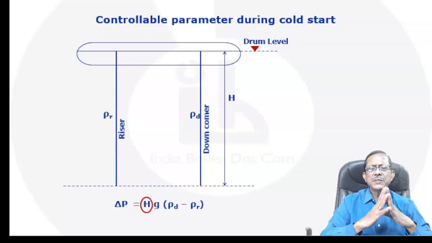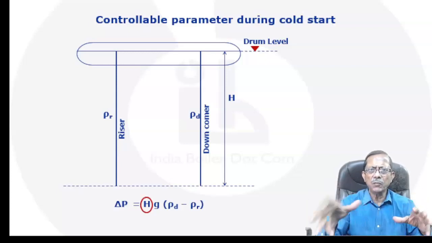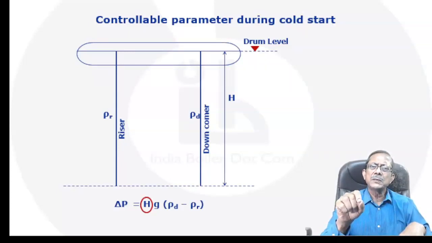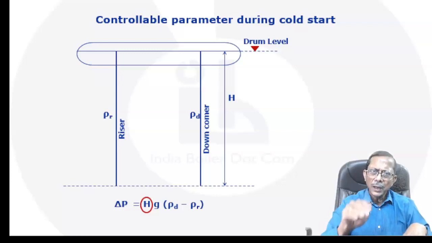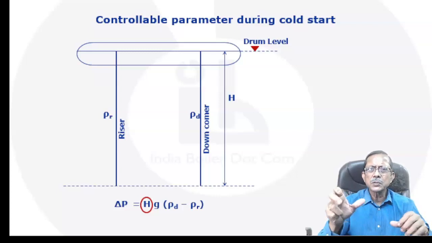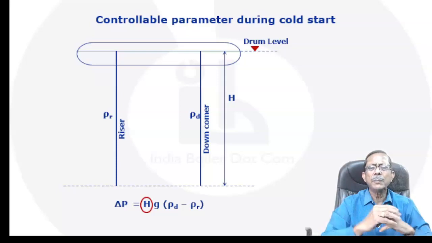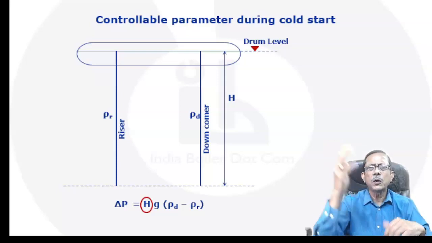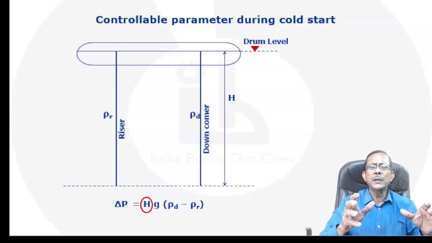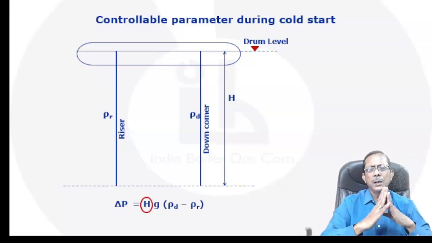So naturally, if somebody has been given many jobs along with controlling the drum level, what he usually tries to do is set the manual drum level set point a little lower, so that even if he cannot control the drum level very finely, even if it goes up, it should not go above the normal drum level. So the manual drum level set point we bring down to a lower set point, right?